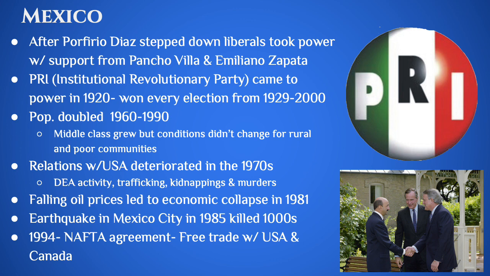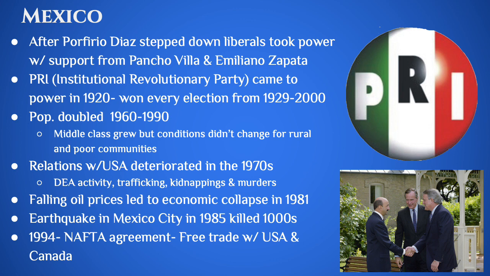There is this political party that comes to power in the early 20th century called PRI. And they won every single election in Mexico from 1920 to 2000, which tells you that every single one of those elections was totally on the up and up and fair and free, because, of course, that was not actually the case. Mexico's population doubles over a period of 30 years, 1960 to 1990.